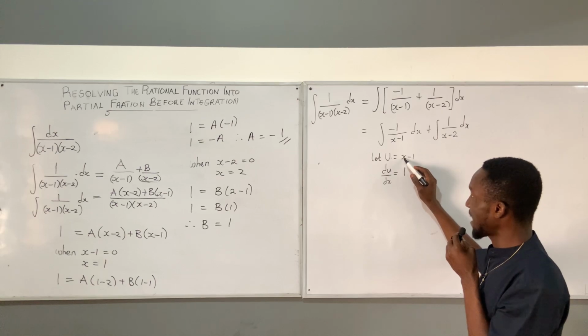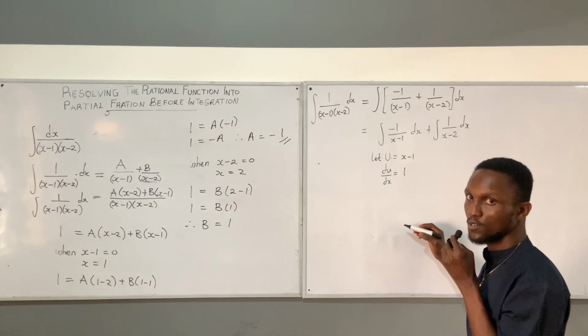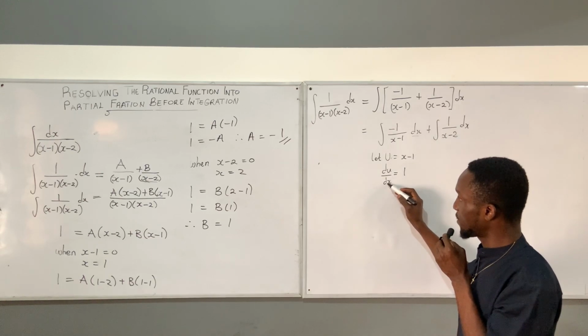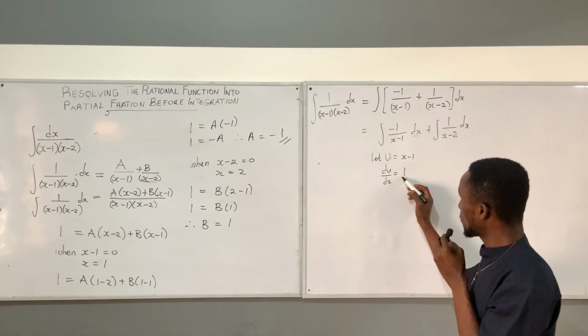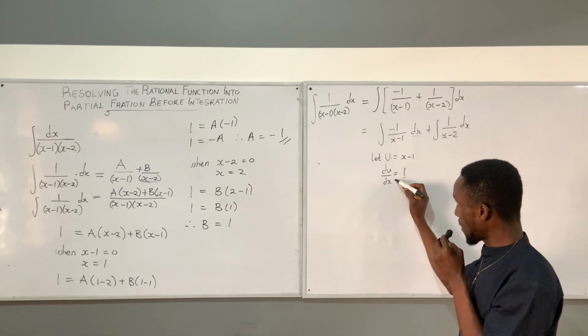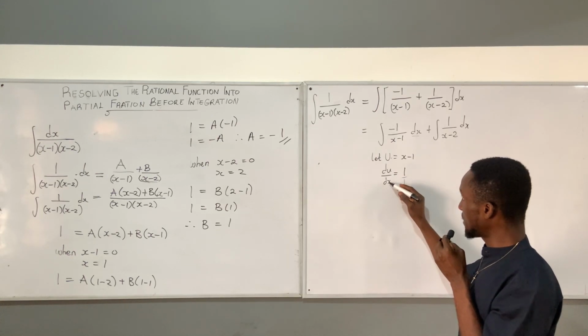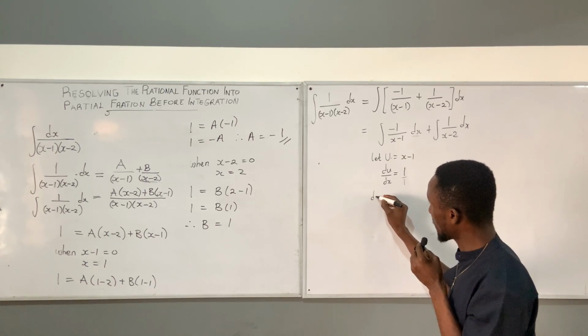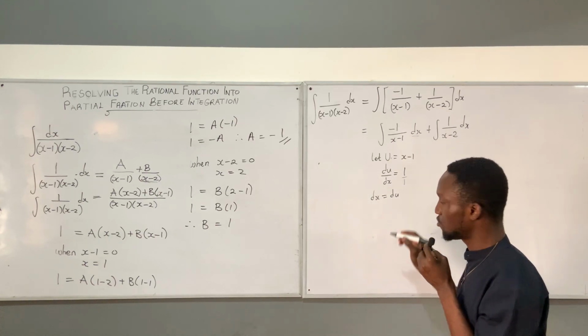When I differentiate x, I have 1. Okay? Now, because I have dx here, let us make this dx the subject. This 1 is also over 1. Now, I can cross multiply here. dx times 1, du times 1. So the result becomes dx equals du.